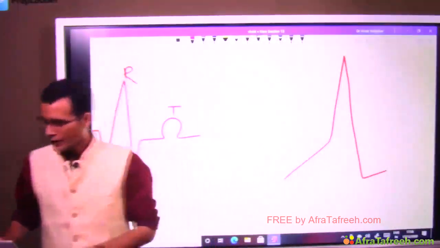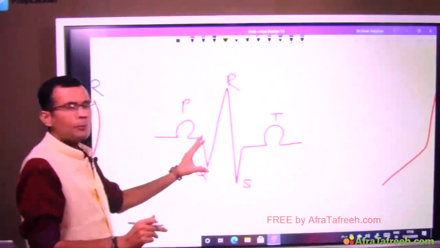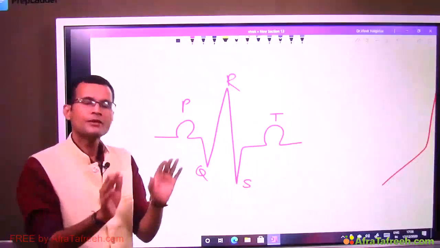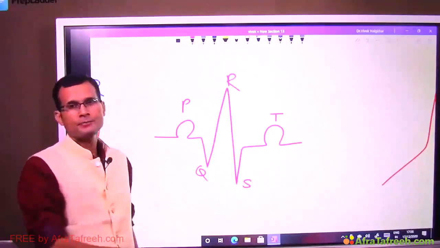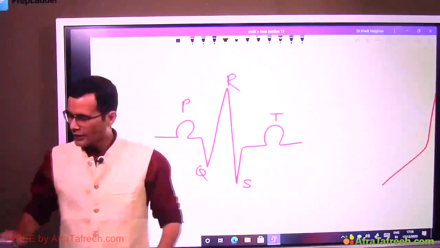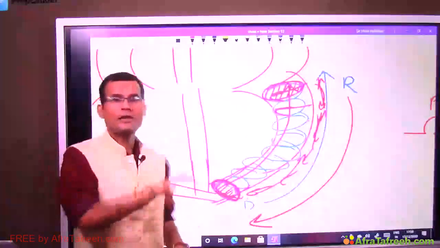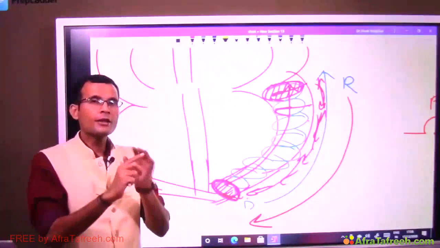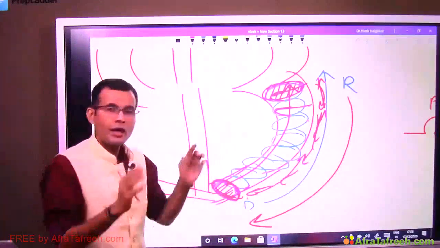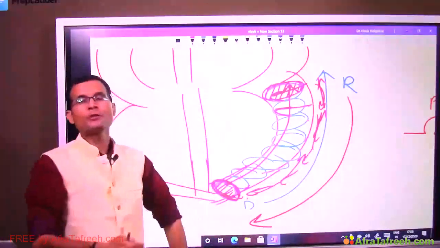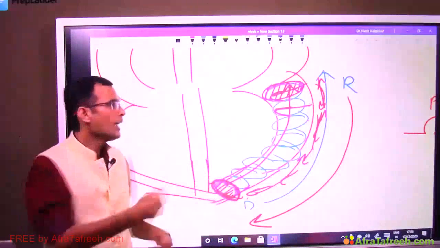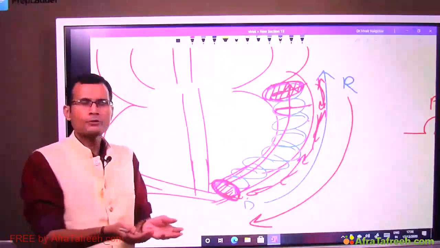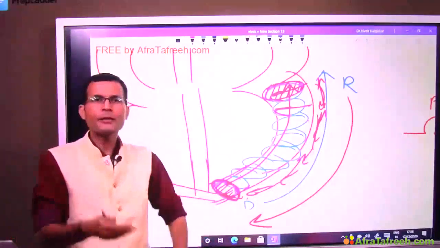This is the graph. And what do we see here? Ventricular depolarization, upright. Ventricular repolarization, also upright, meaning in the same direction. Why is that? Now you will understand. Depolarization and repolarization are electrically opposite types of events, and in the heart they are spreading also in the opposite directions. Opposite types of events, and they are spreading in the opposite directions as well. So it's like two minuses cancelling out to make one plus.